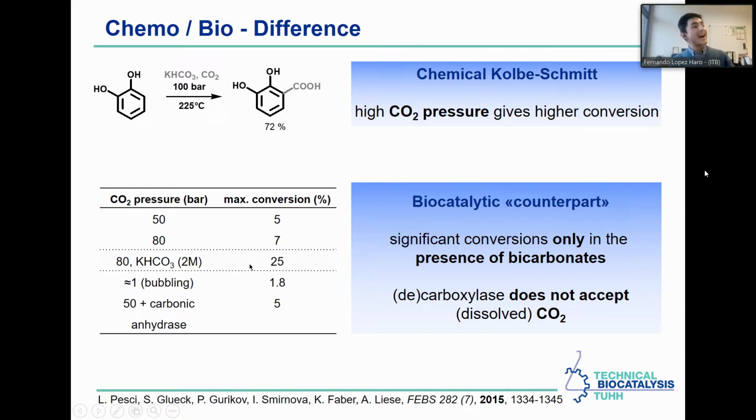It doesn't work. And even if you go closer to that lower limit, to 80 bars, you have a maximum conversion of 7%, which is a non-starter. You cannot do anything productive with that.